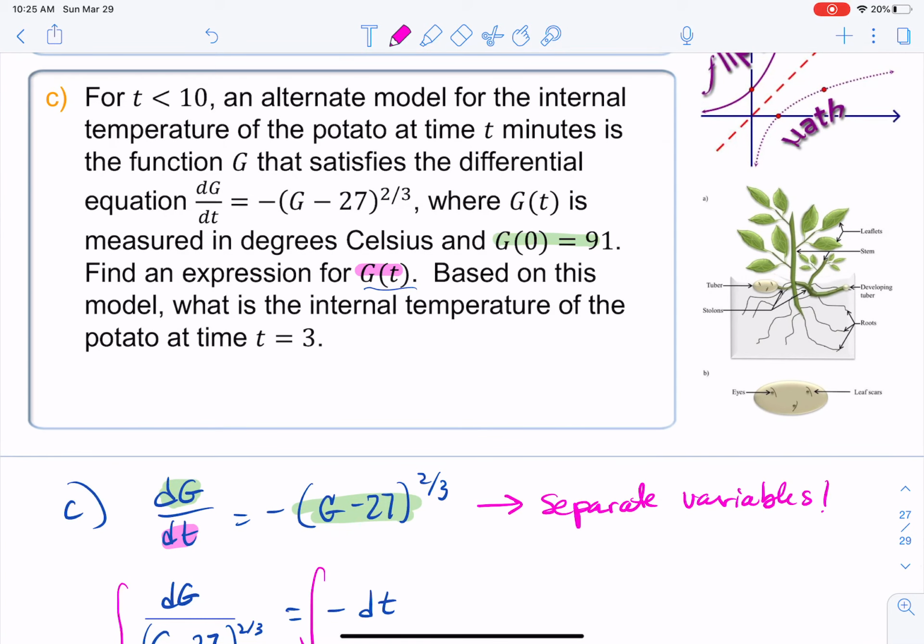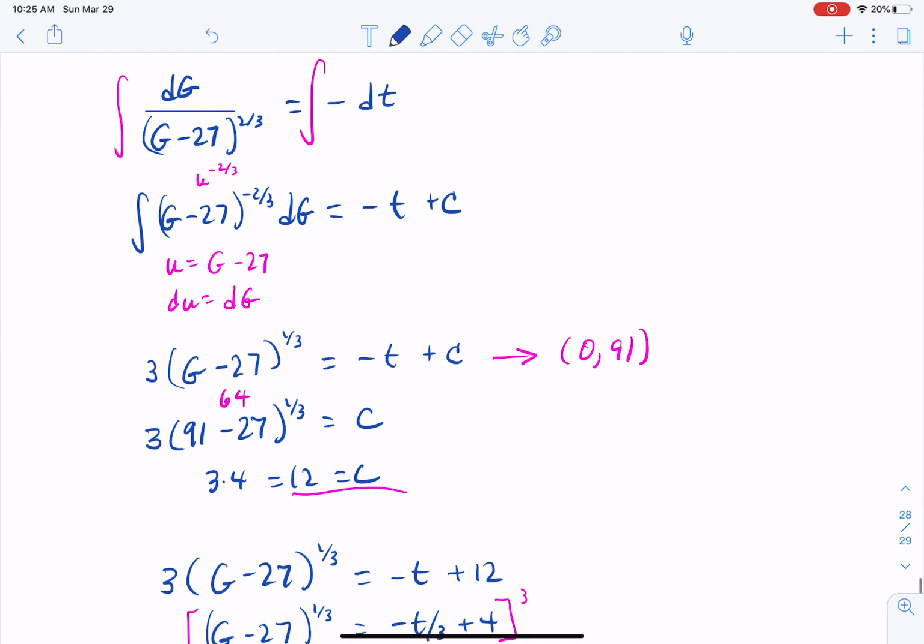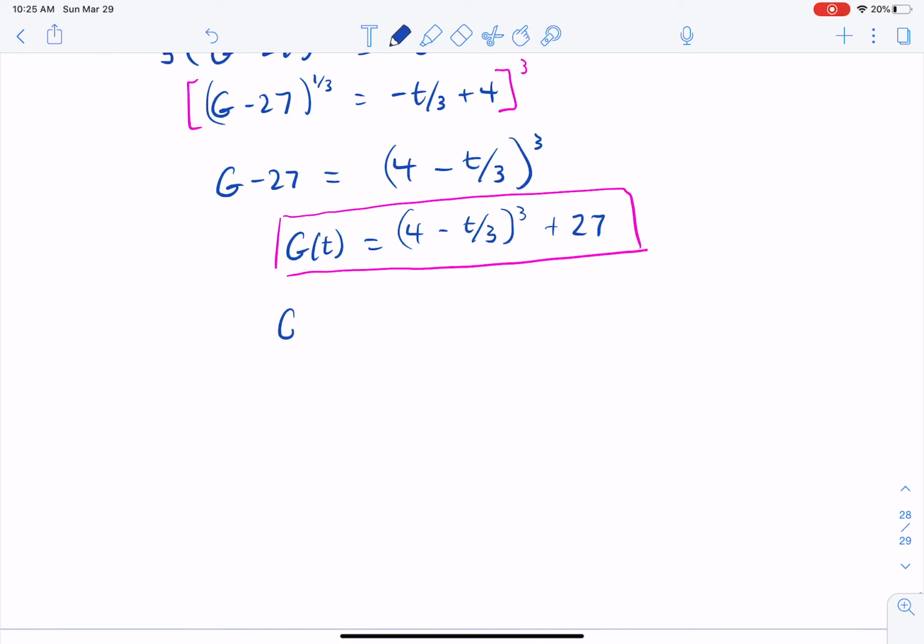Based on this model, what is the internal temperature of the potato at t equals 3? So we, one more time, have to use our equation to find the internal temperature of the potato. This is not an approximation at this point because we could just get it. 4 minus 3 over 3, all of this cubed, plus 27.